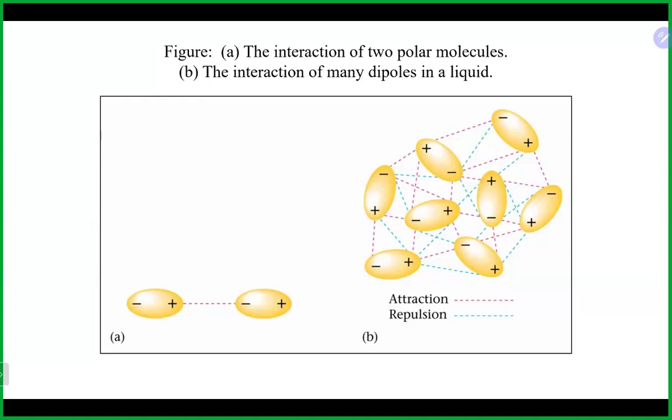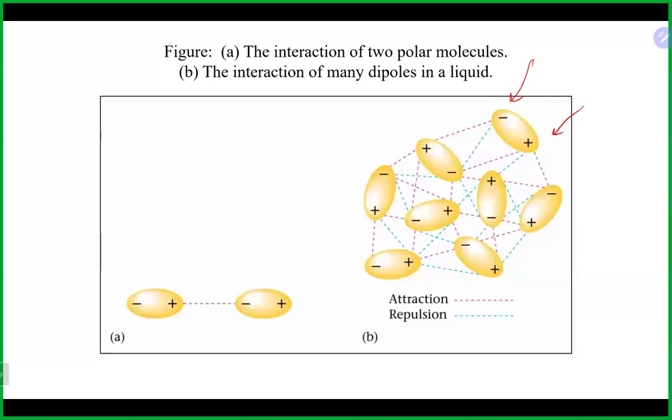They don't have to wait for anything to happen. They have a positive side, they have a negative side. This is how polar molecules interact with themselves, and other different polar molecules as well. And again, what happens is as they come together, there's always going to be a chance for a positive side of a molecule to be next to another positive side or a negative next to a negative.